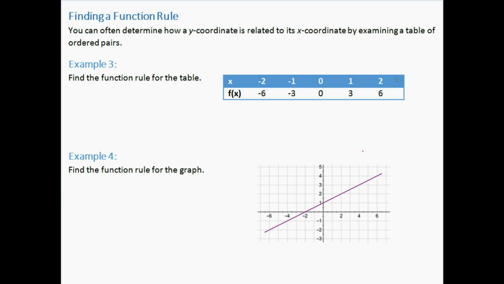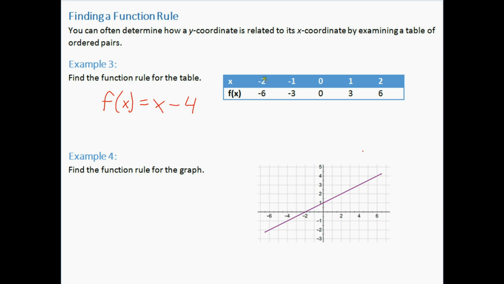And so what we can do is take a couple guesses. For right now, we'll really be working with addition, subtraction, multiplication, and division. So we might think, how do we get from -2 to -6? We take that x value, and maybe let's call our function f of x. Maybe it's the x value and you just subtract 4 from it.